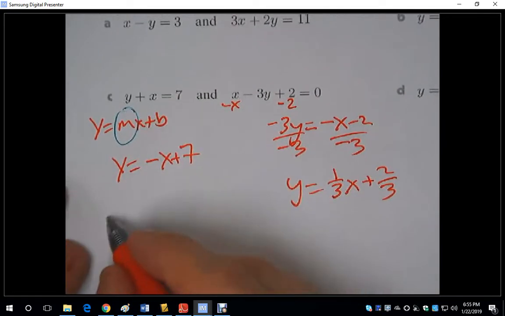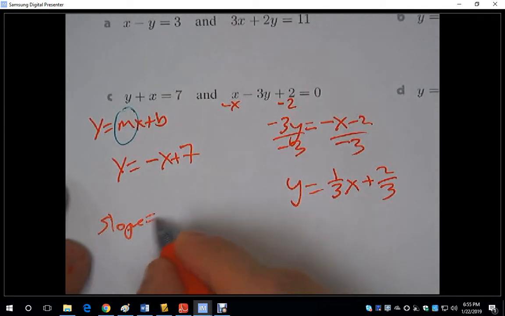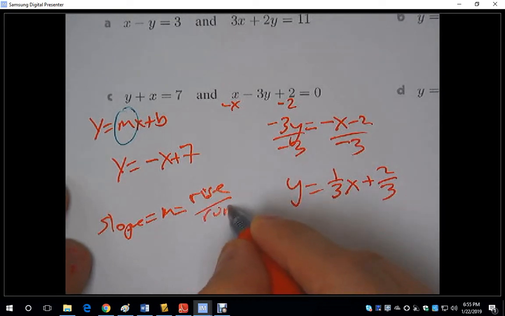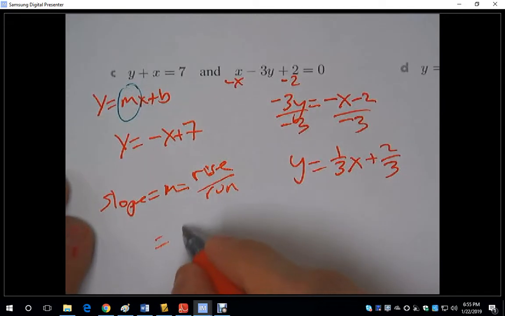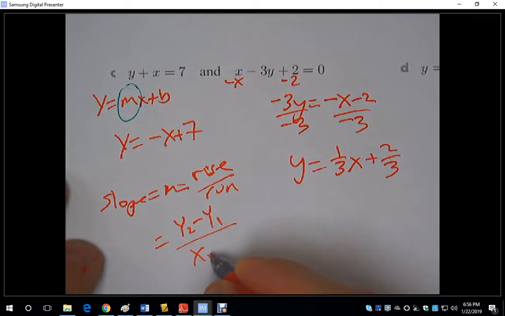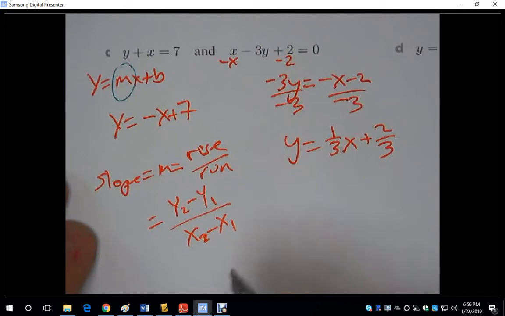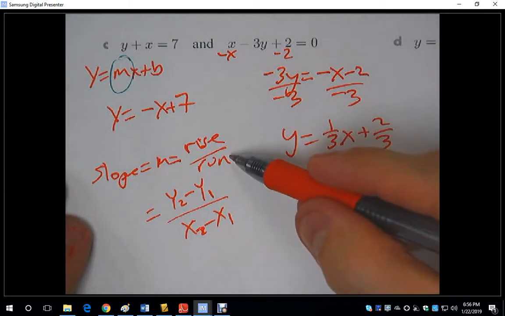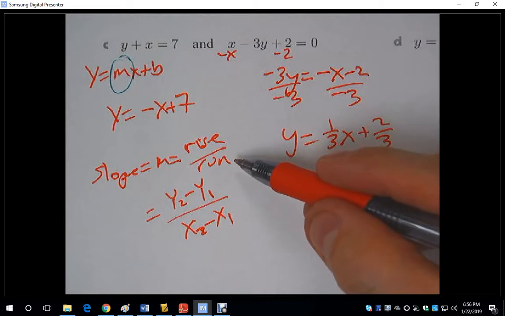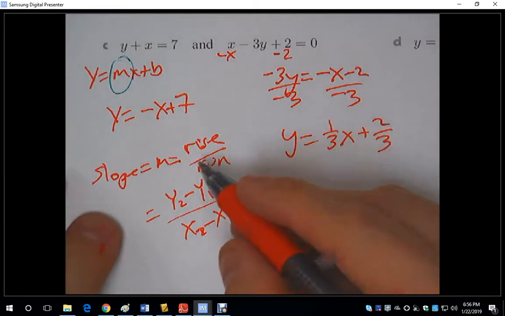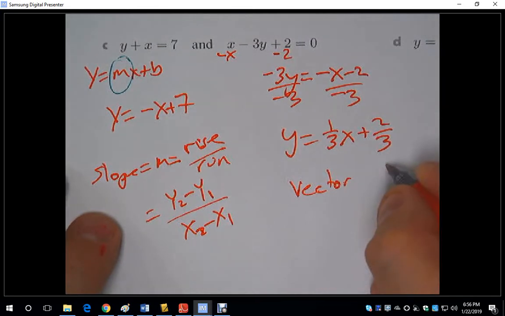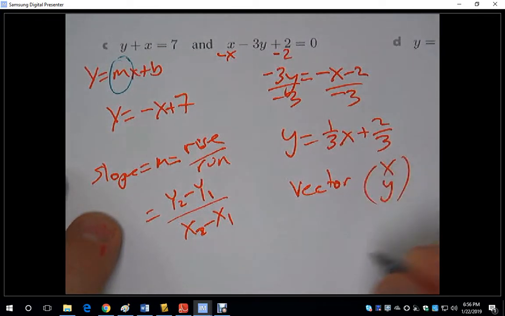Now, a slope, or my m value, is my rise over run, or the difference between my y values over the difference between my x values. So we're really looking for the slope, our up value over our left-right value. Whereas our vector is written as our x value over our y value.